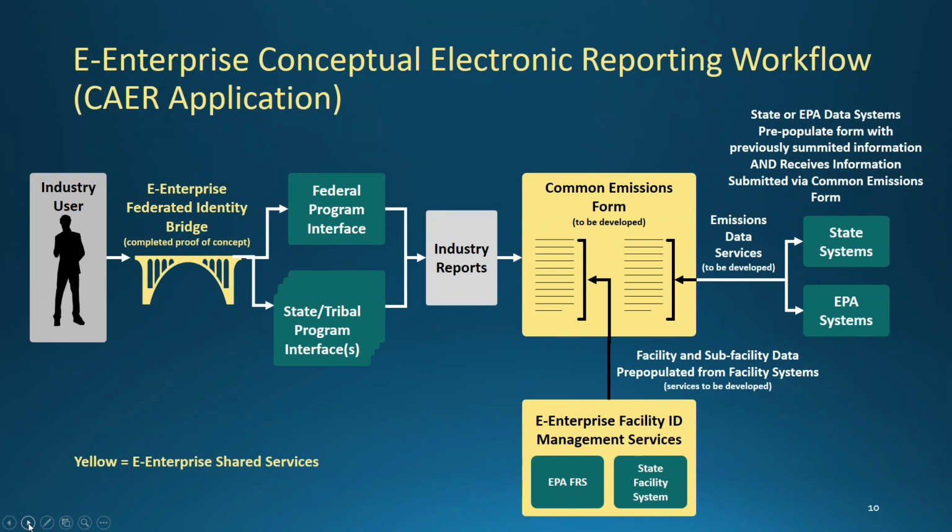And then that information attached to industry reporting platforms that then go into this part where we're working on CARE under a common emissions data collection to match that facility, match its profile as it's provided at the bottom of the slide there, the facility ID management services.